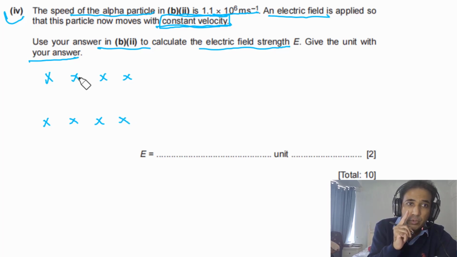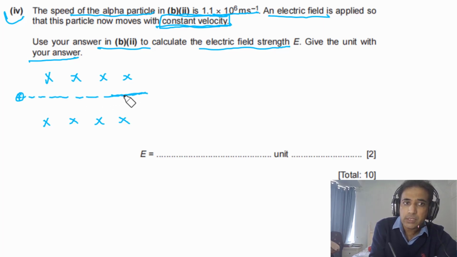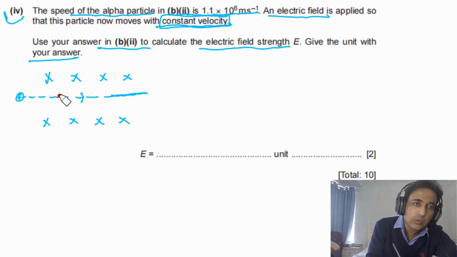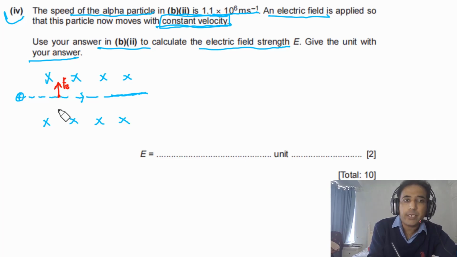If no electric field, the particle will do circular motion as we discussed in the previous part. But in this case it is given that the particle goes in a straight line because its velocity is constant. And this is only possible because the magnetic force on the particle, if it is only in the magnetic field, will be in the upward direction.